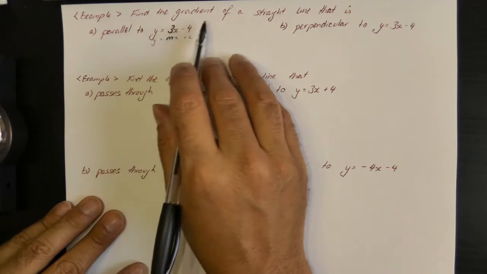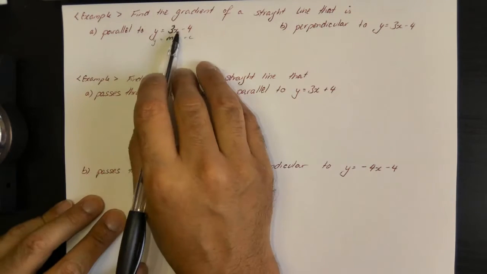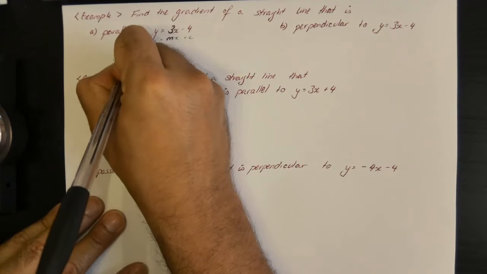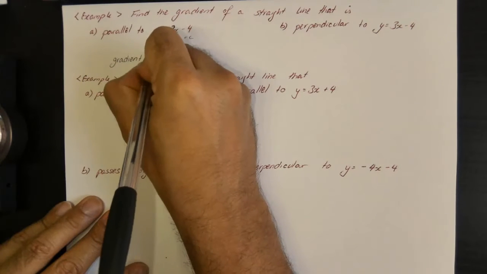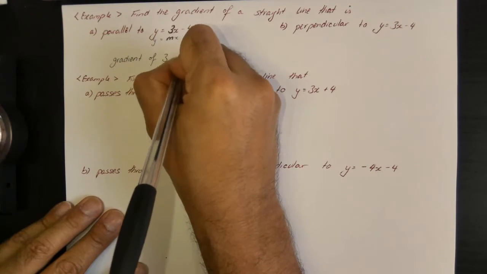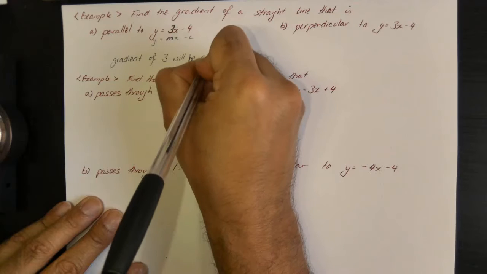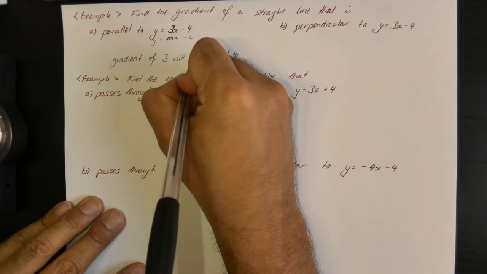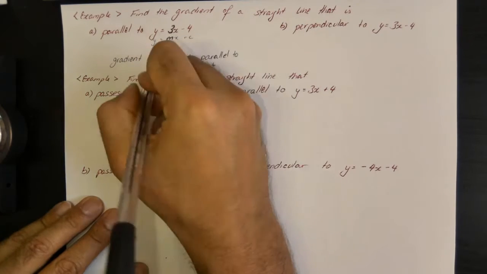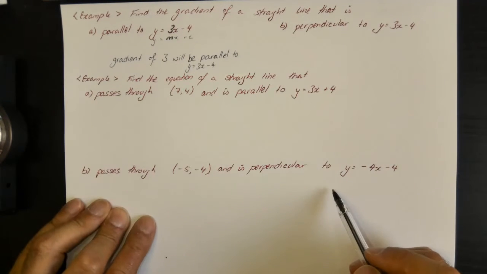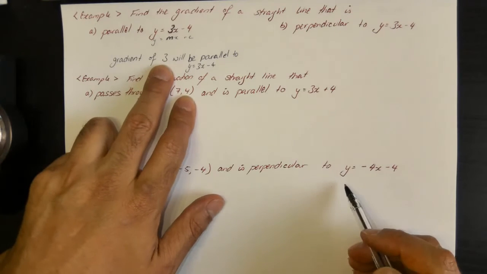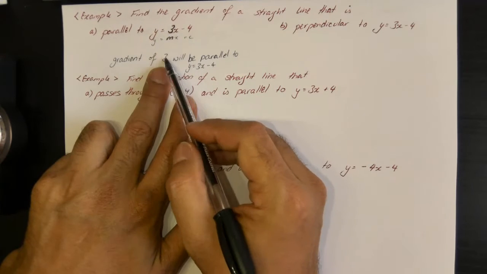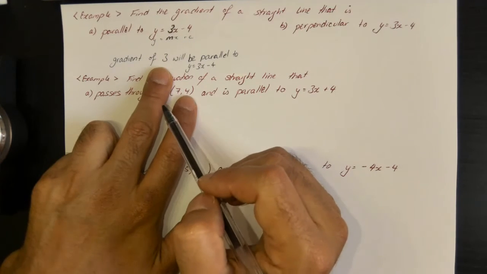Any line that has a gradient of 3 will be parallel to this line. So I could have y equals 3x plus 7, y equals 3x minus 2, or y equals 3x plus 999. It doesn't matter. They will all be parallel because the gradients of the two lines will be equal.